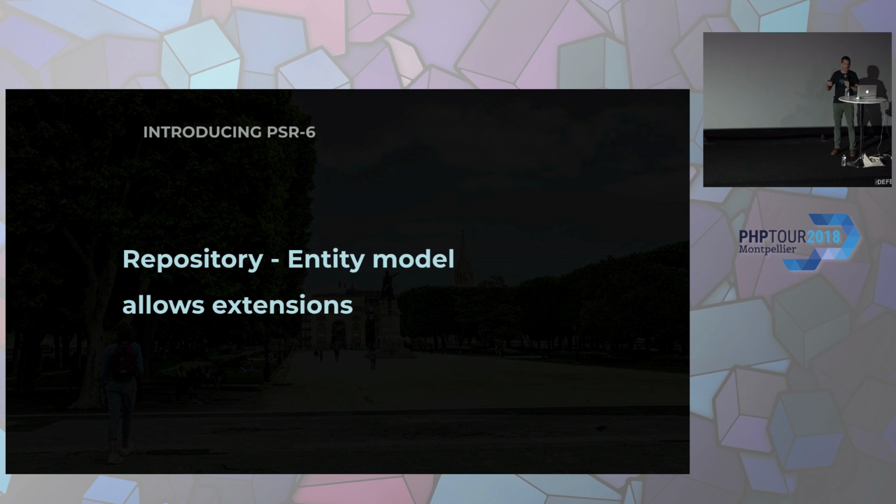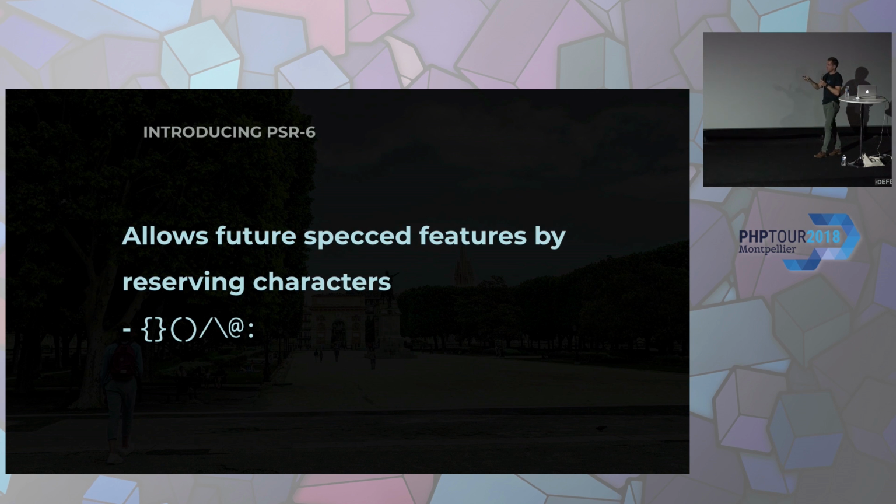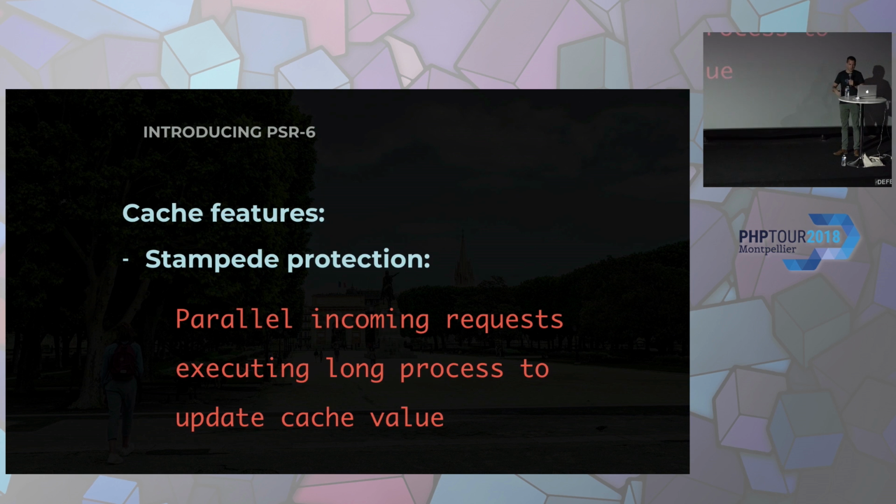So you can basically add more methods to the cache item pool to add more features to this caching implementation. There's also a couple of characters which are excluded from being used. You cannot use these, and that's actually to reserve future extensions to this spec. So there's a couple of features you can add to this.